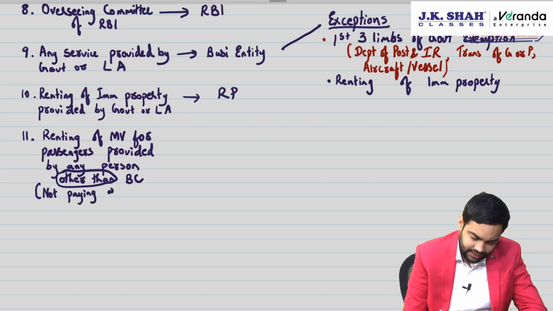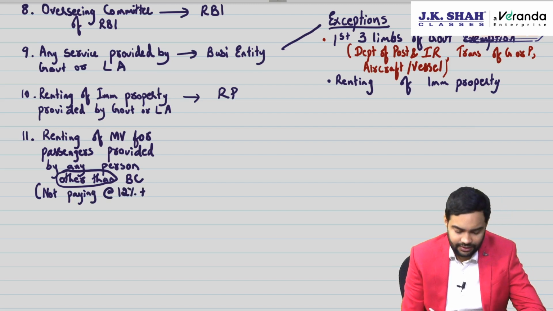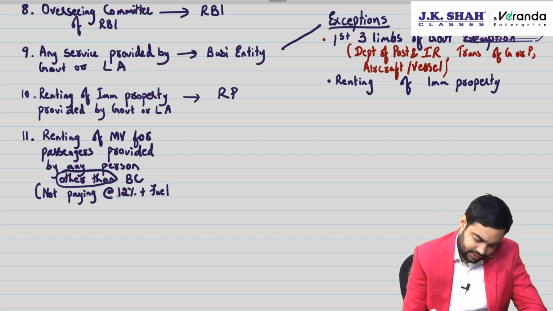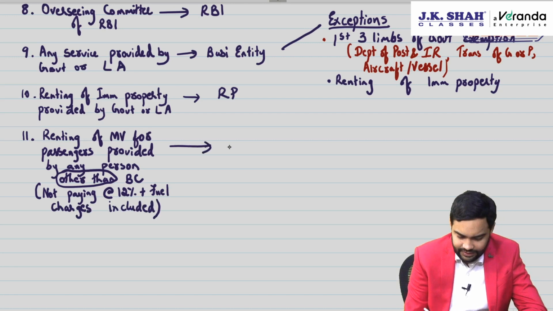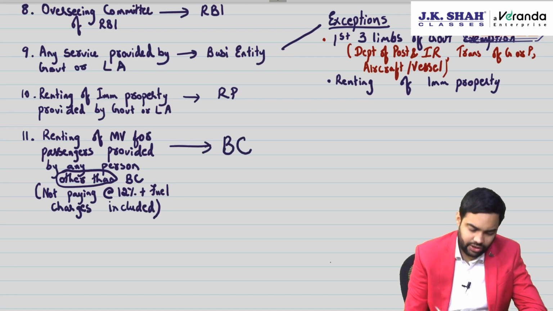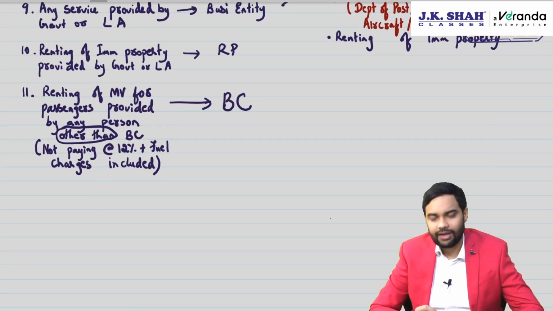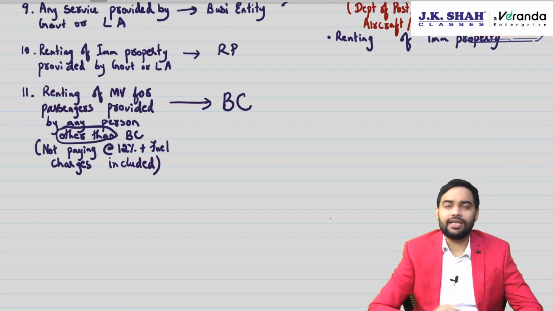That means he has an option to pay tax under forward charge at 12% plus fuel charges included. So the renting should be such that fuel charges are included in the bill. Then in that case, if the recipient is a body corporate, then RCM will apply. This specific combination has to be met.